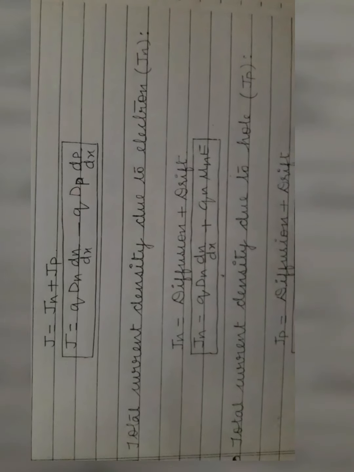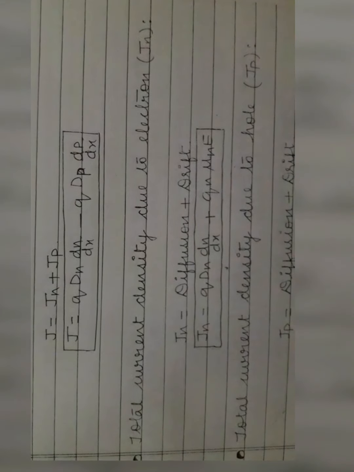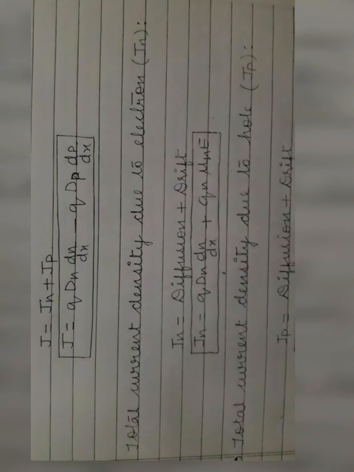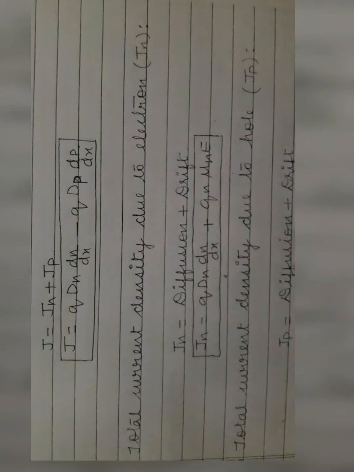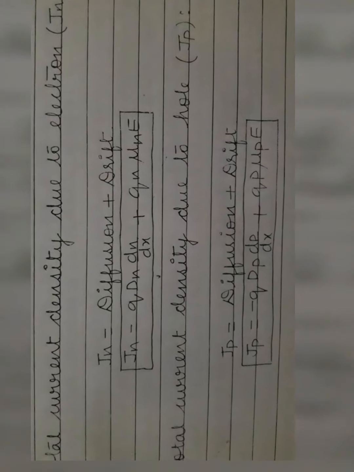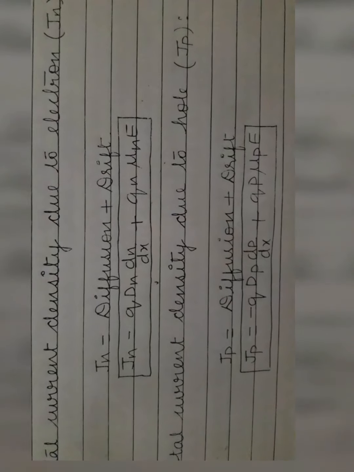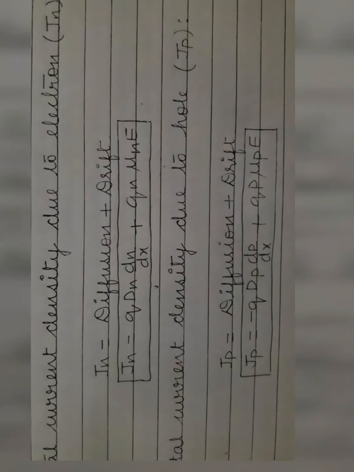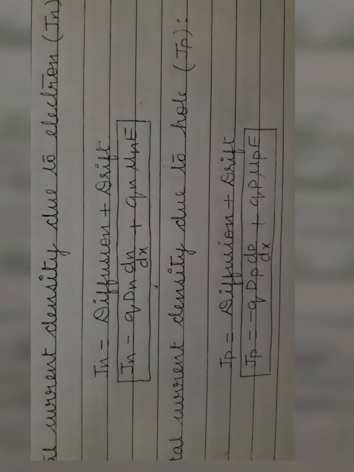Total current density due to electrons Jn equals diffusion plus drift, and Jn equals q Dn dN by dx plus q n mu n E. Total current density due to holes Jp equals diffusion plus drift. Jp equals minus q Dp dp by dx plus q p mu p multiplied by E.